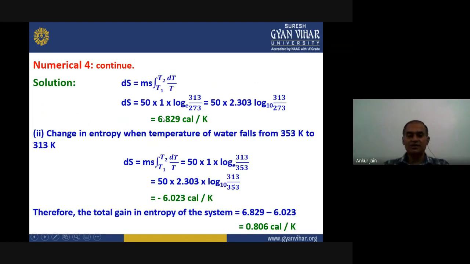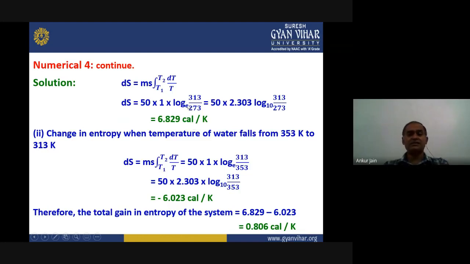We are calculating here by putting these values: 50 into 1 into the integration of this term, which will be log T within the limits of T1 to T2. When we solve this, we get log T2 minus log T1, and finally log T2 upon T1. T2 here is 313 Kelvin and T1 is 273 Kelvin.